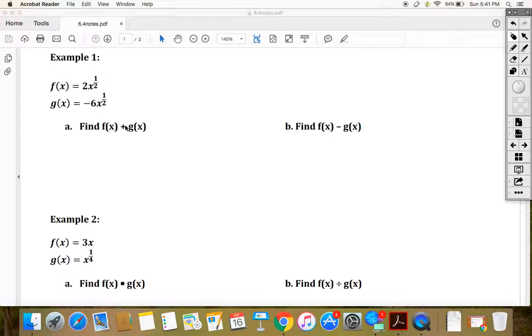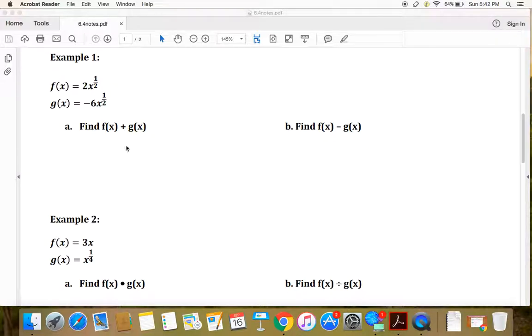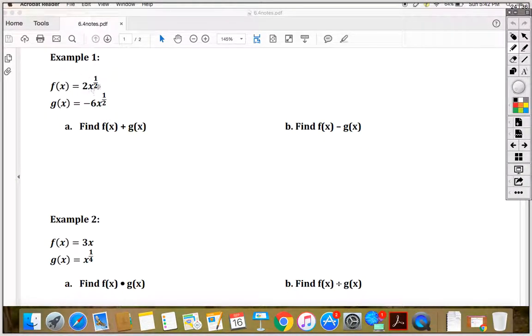We're going to do f of x plus g of x. So I'm going to take my f of x equation, which is 2x to the 1/2 power, plus my g of x equation, which is negative 6x to the 1/2 power. Now, just like when we added up at the top, I combined like terms. So as long as these are like terms, I can go ahead and add them.